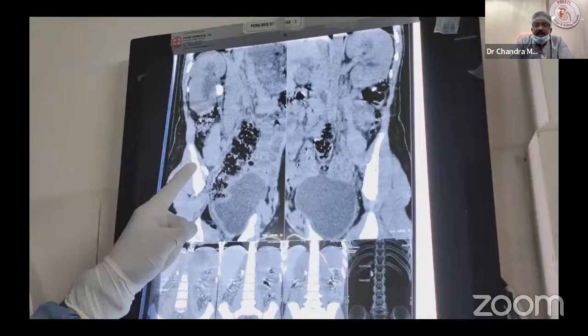the screen, the stone is radio dense with 1300 Hounsfield units and a meaty kidney. This is a reconstructed view. There is nothing much in the axial cut, otherwise the axial cut is essential. Now, the first thing that comes to mind is RIRS versus PCNL.